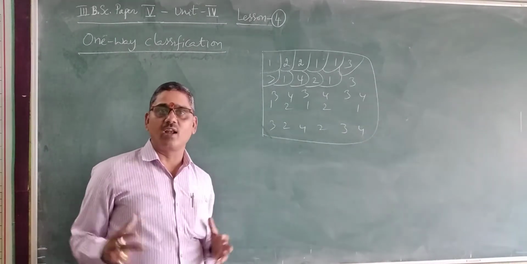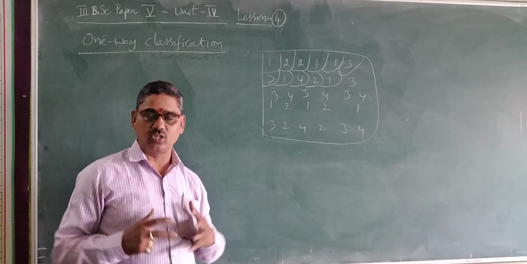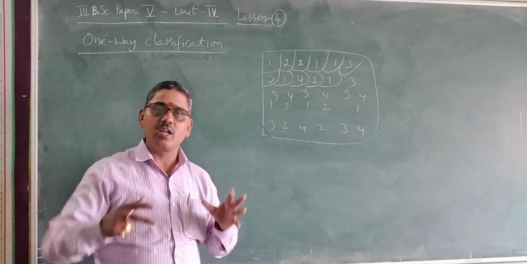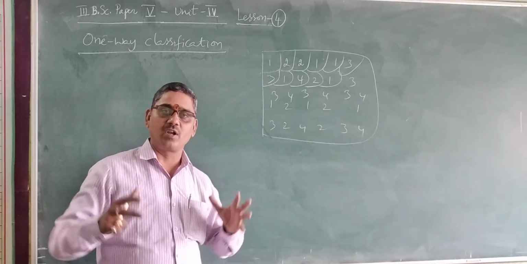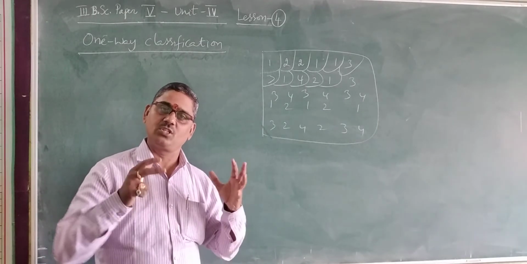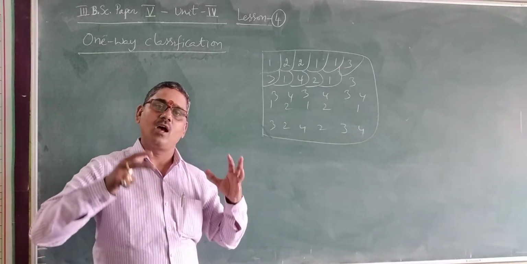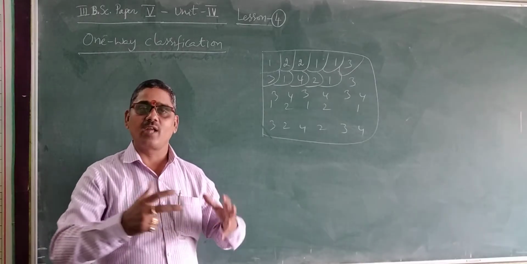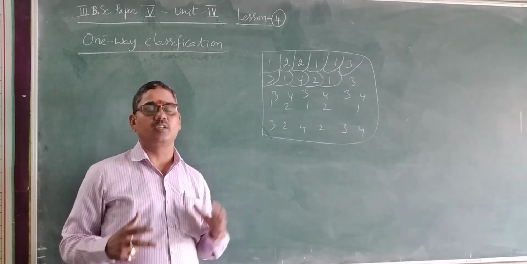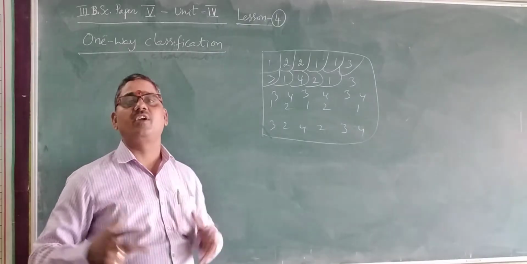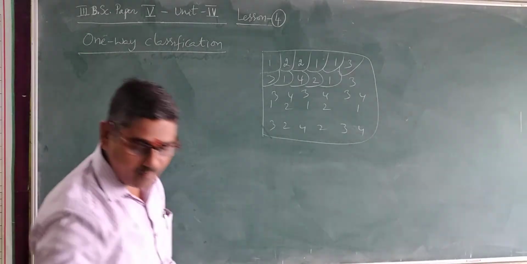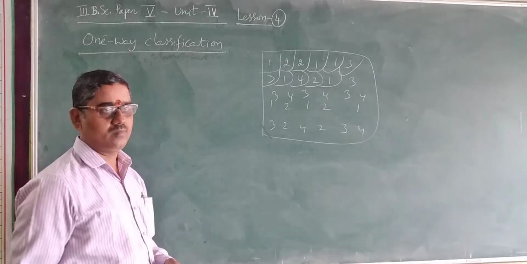Then we will get one-way classified data, in a particular tabular form. Obtaining the yield of the crop by applying the treatments is nothing but one-way classified data.